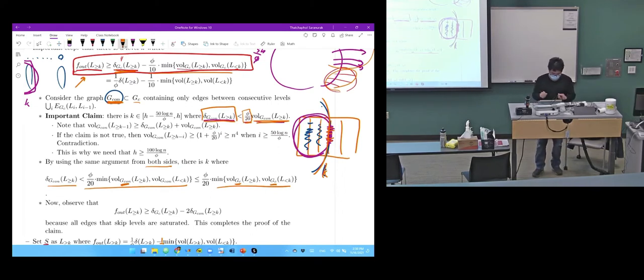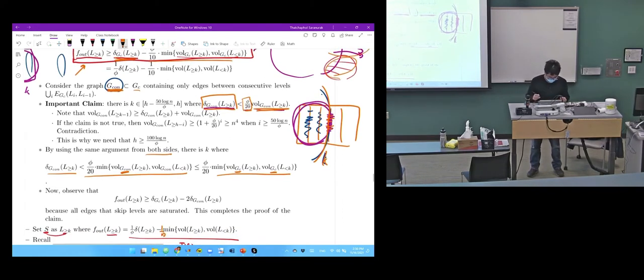So now observe this. We are almost done now. Why? Because if you look at the level K that you choose here, the edges outside G-con are the edges that skip levels, right?